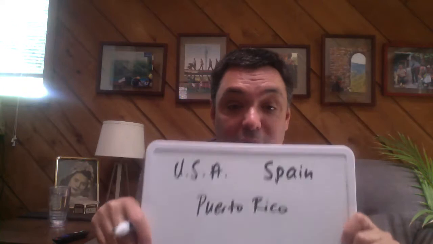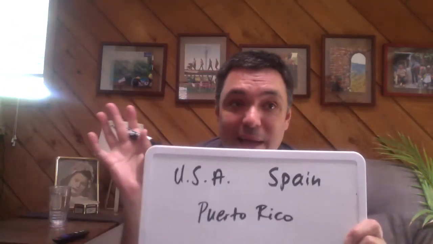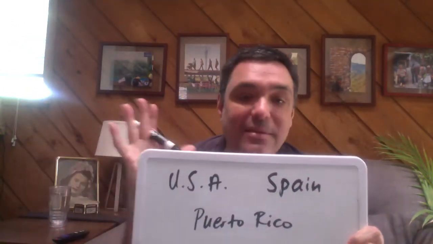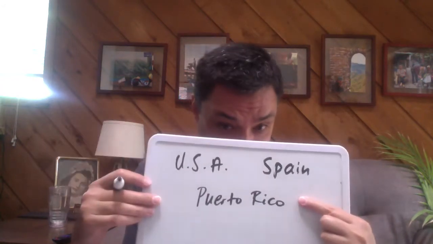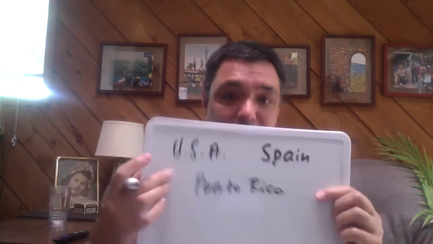They gave Puerto Rico to the USA. So there was never any acting like Puerto Rico was going to get their independence. Supposedly Cuba was going to get its independence. Puerto Rico was different, it was changing hands. Spain gave it to the USA.